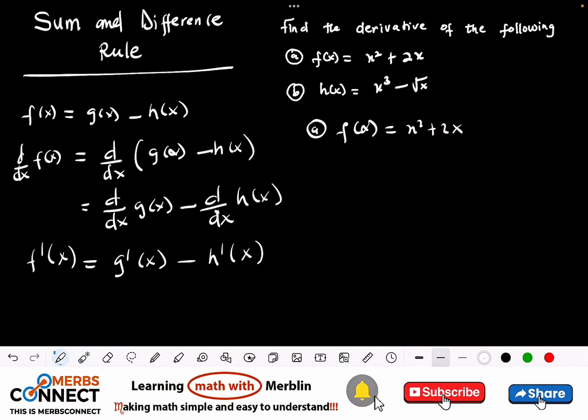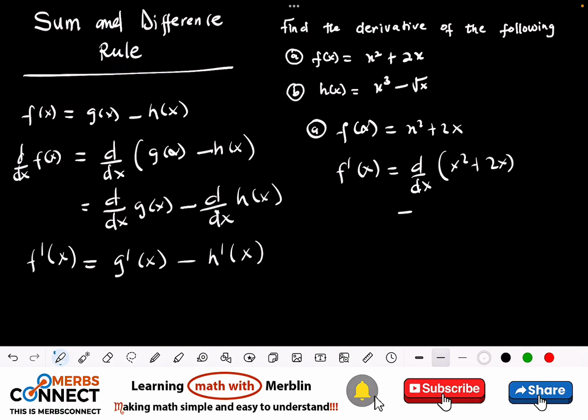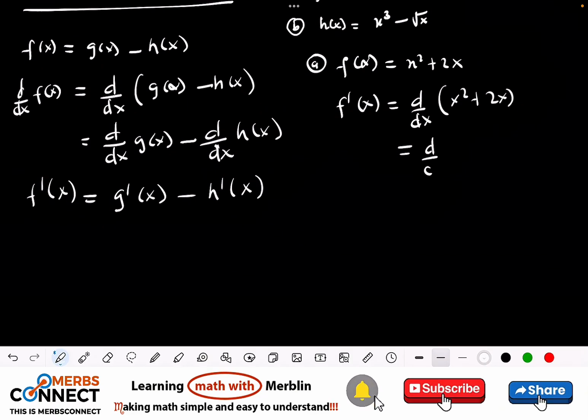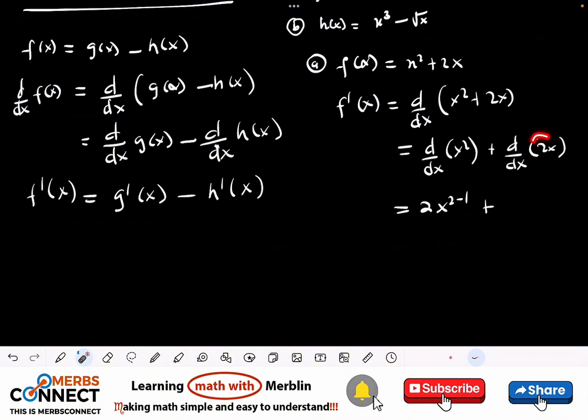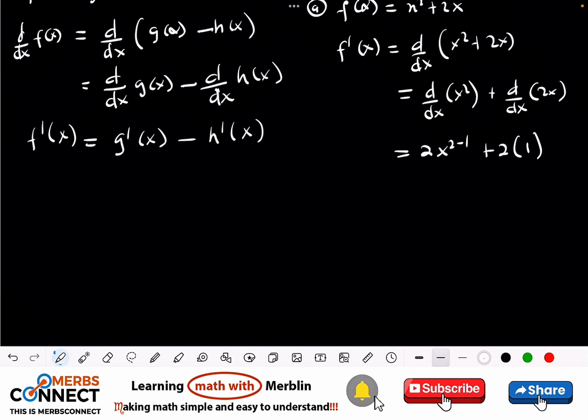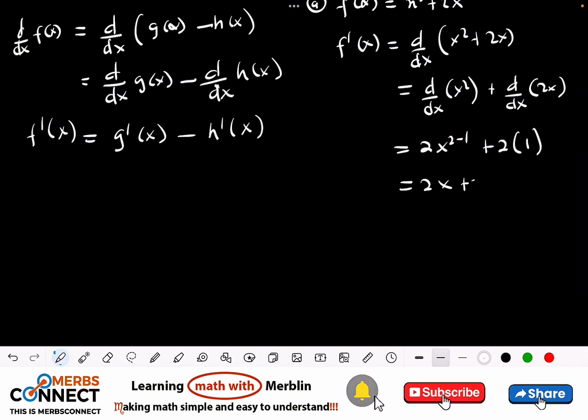So f prime of x will be equal to d over dx of x squared plus 2x, which is going to be, now I need to just differentiate the first term plus I need to differentiate the second term. When I differentiate x squared using the power rule, I'll have 2x to the power 2 minus 1, then plus, this is a constant multiple rule, so I factor 2 out. Then when I differentiate x, what am I going to get? 1. So I'm going to have 2x plus 2, right?